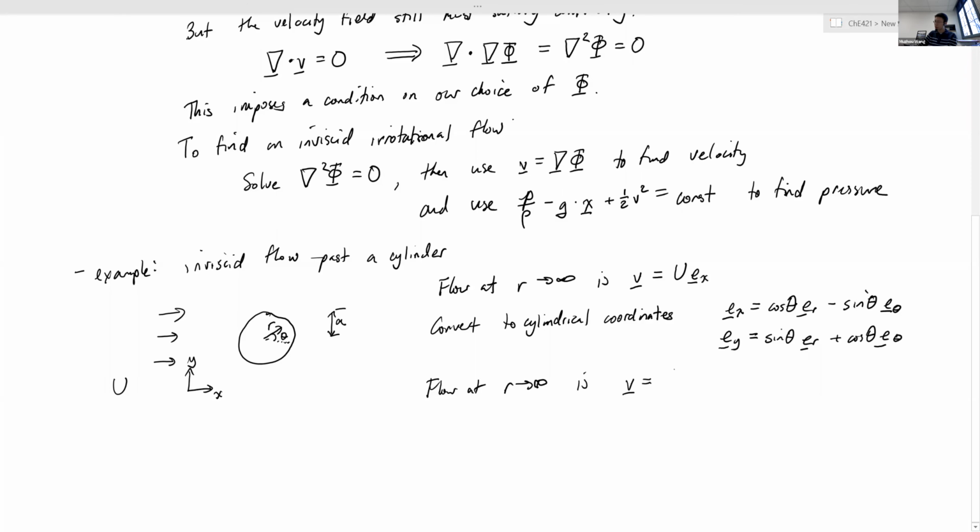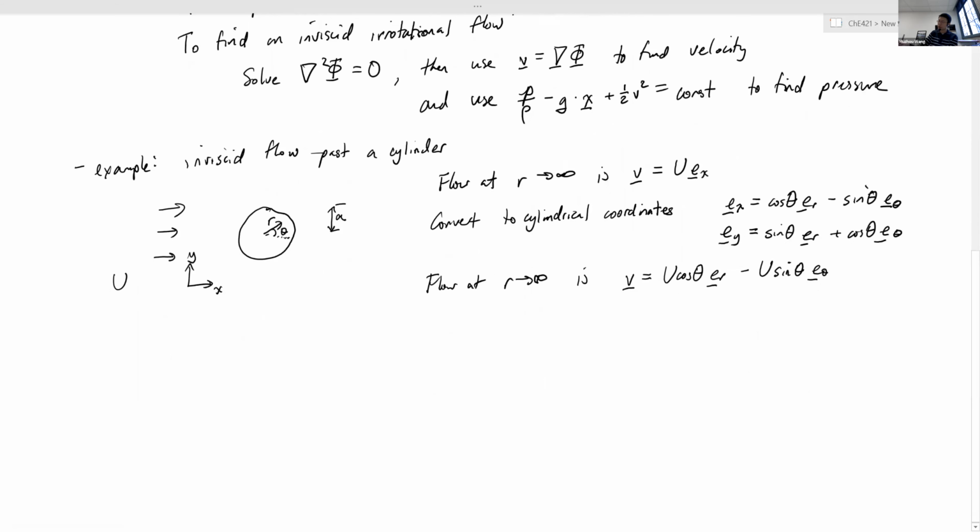V is equal to u times cosine theta of e_r minus u times sine theta times e_theta. Okay, and so what that means then is that V_r is equal to u times cosine of theta.